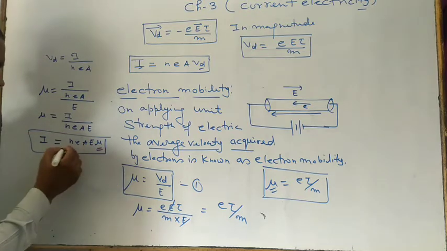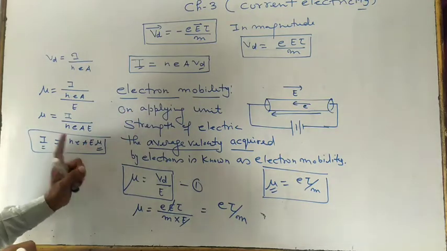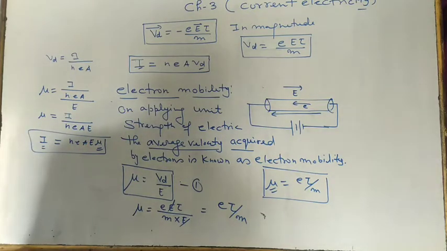This is the relationship between electric current and electron mobility.